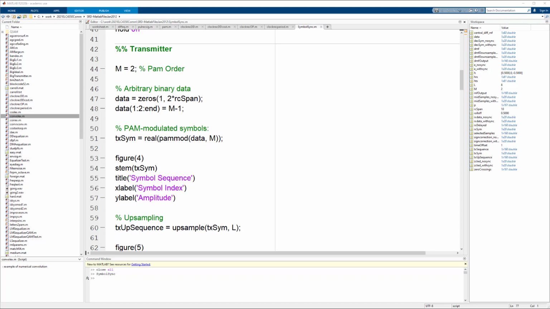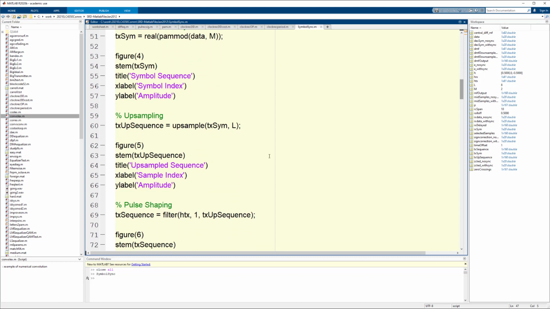The symbol sequence we generate here has a very unique pattern of 1, -1, 1, -1. On line 51, we call the Matlab PAM modulation with the symbol data, using 2-PAM, M equal to 2. On figure 4, we plot the transmit symbols.